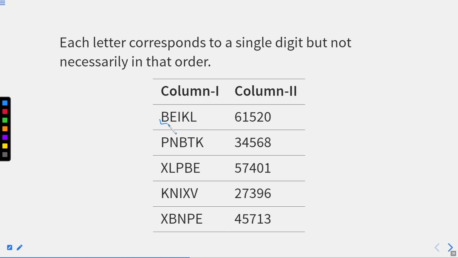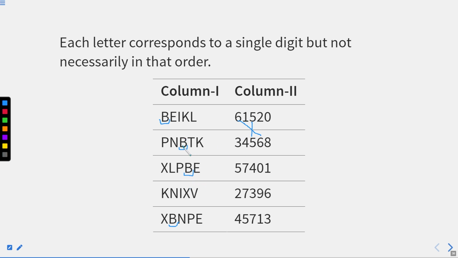First of all, B is appearing here, B is appearing here, B is appearing here, and B is appearing here as well, right? So first compare between this word and this word, which letters are common, which digits are common. 6 and 5. So now our B is going to be between 5 and 6.